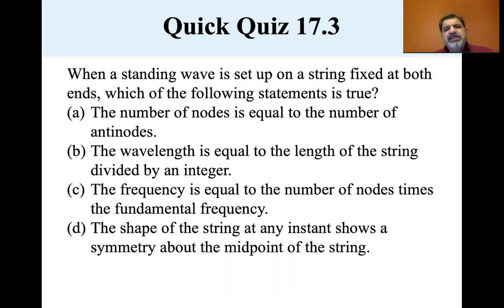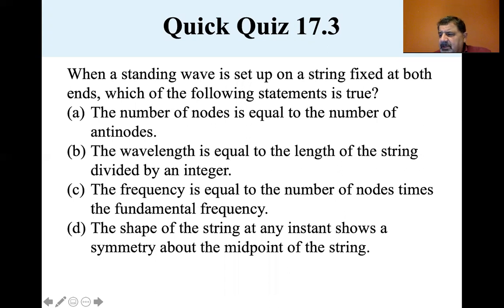Let's look here. When a standing wave is set up on a string fixed at both ends, which of the following statements is true? The number of nodes is equal to the number of antinodes. Well, let's just take the fundamental. You've got 2 nodes and 1 antinode, so they can't be equal. The wavelength is equal to the length of the string divided by an integer.